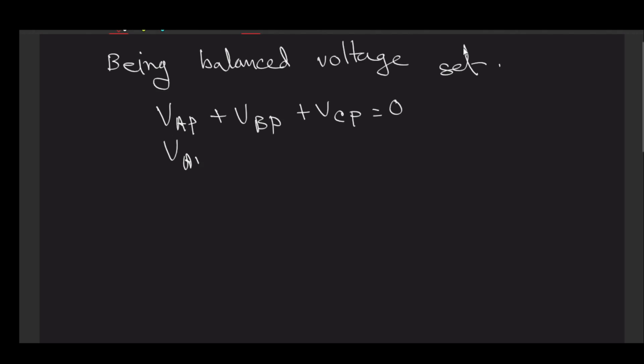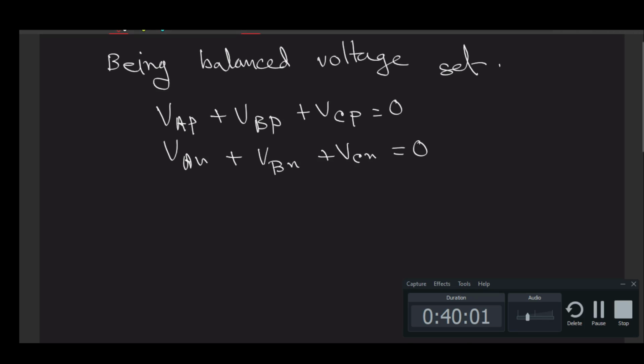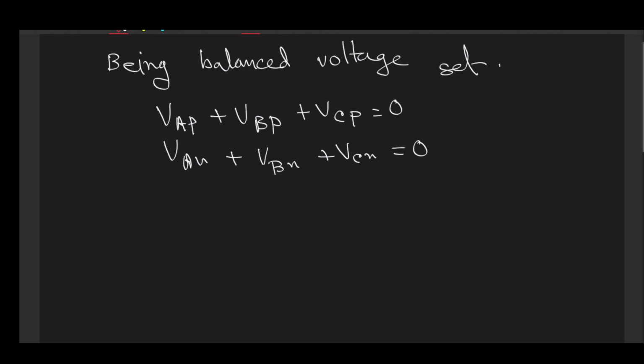Similarly, VAN plus VBN plus VCN, both of these sets are 0. In addition, you can write that VA plus VB plus VC is equal to 0.